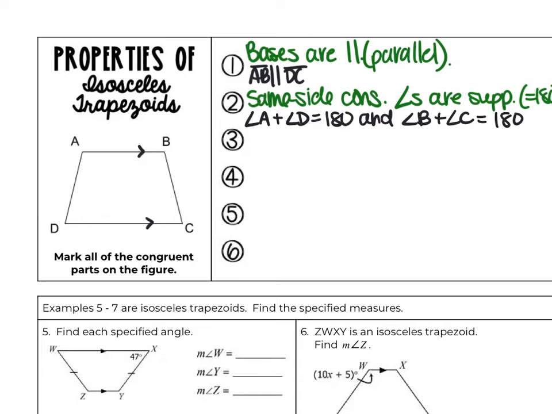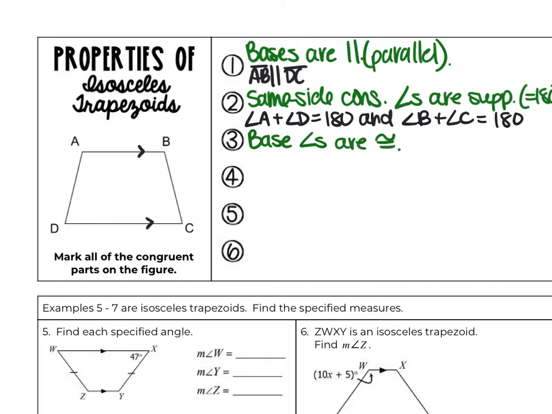Okay, so isosceles trapezoids have a lot more for us to work with here. So we have those two properties that we already discussed, but we also have, in addition to the same side being supplementary, the base angles are congruent.